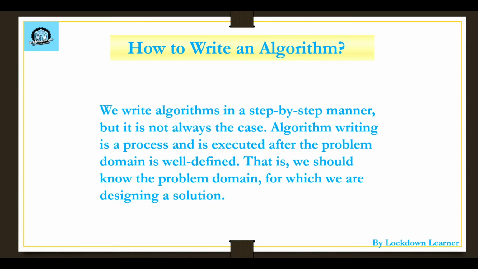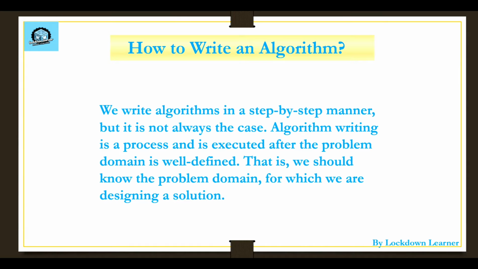Okay guys, now let us see how to write an algorithm. We write an algorithm in a step-by-step manner, but it is not always the case. Algorithm writing is a process executed after the problem domain is well defined. This means when you are clear with the problem, like the same example of adding two numbers.